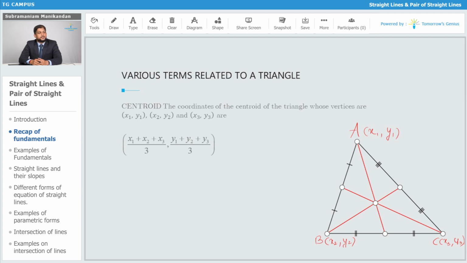Then the coordinates of the centroid of this triangle, most general symbol used for centroid is capital G. So G will be given by the arithmetic mean of the x coordinates, arithmetic mean of the y coordinates. That is (x1 plus x2 plus x3) divided by 3, (y1 plus y2 plus y3) divided by 3.